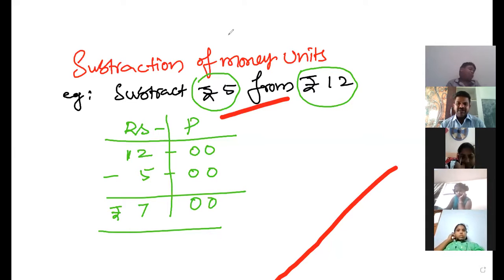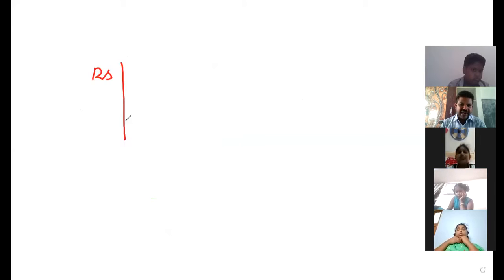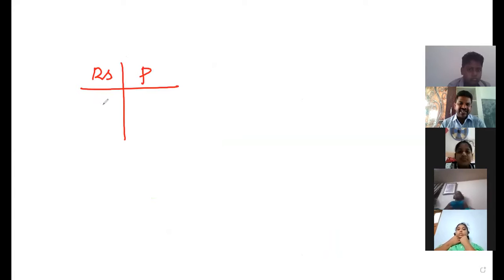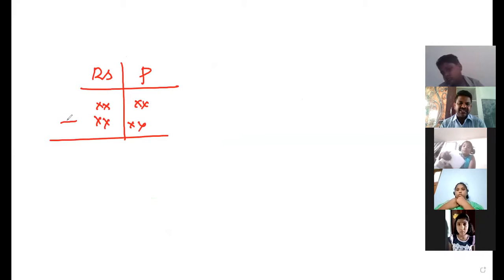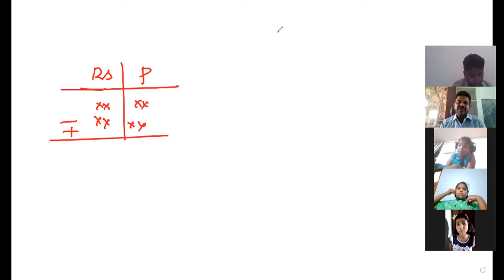Just as we do addition and subtraction with whole numbers, do the same here. Make it 2 groups, rupees and pies. Then just do it, either it is plus or minus. That will make it clear for us. So then we'll go for the next.